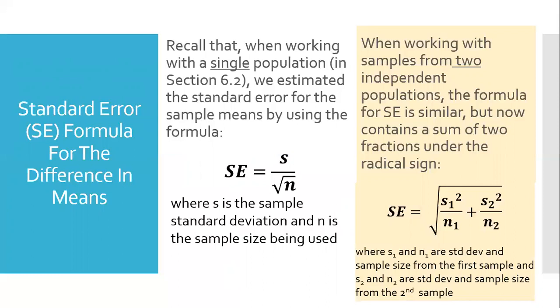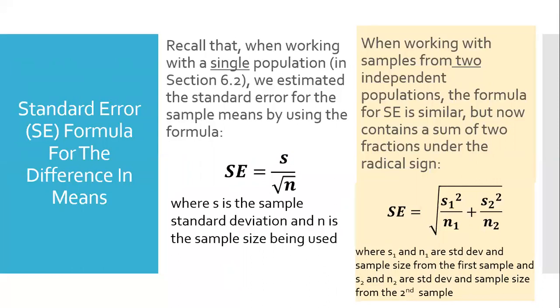And here we're using the subscript notation so that s1 is the sample standard deviation from the first sample, and n1 is the sample size for our first sample. Likewise, s2 and n2 are the sample standard deviation and the sample size from the second sample.